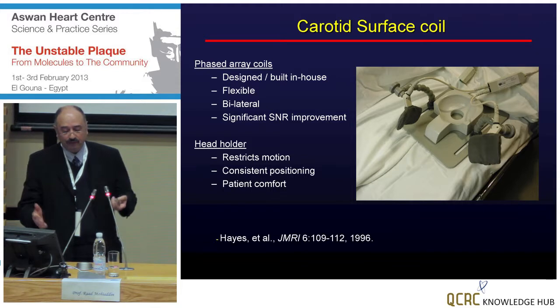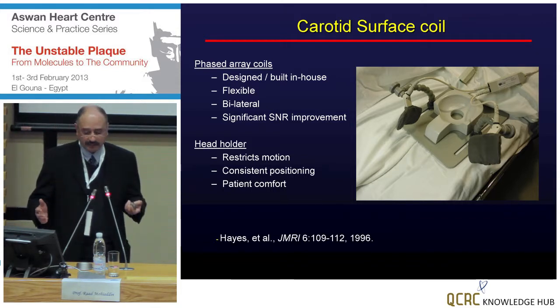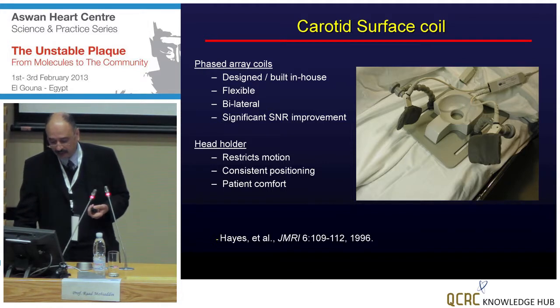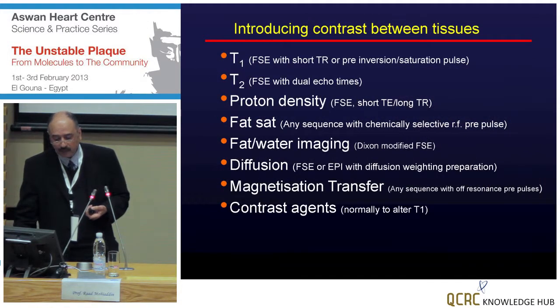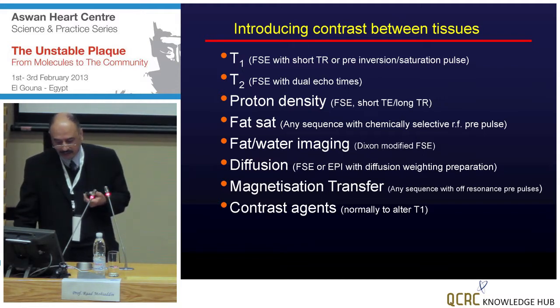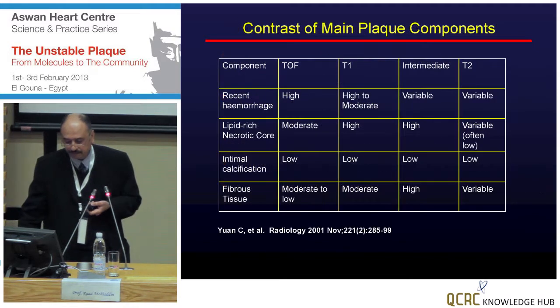That's why most of those studies were done on the carotid artery, because it's technically more suitable than the coronary arteries. Once you get the anatomical images and the right type of resolution, you can manipulate the signal, as I said, in different ways to give you different information. So use multi-spectral analysis of various images to come to a conclusion about the composition and the structure of the atheromatous plaque.